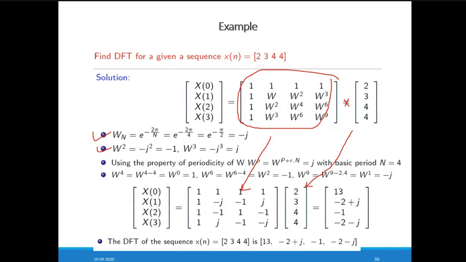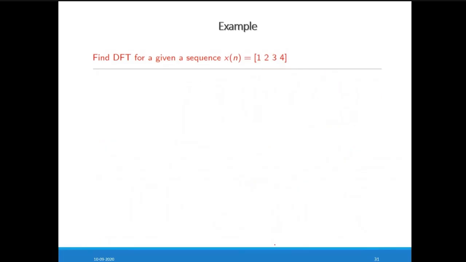It will give you the output as an n cross 1 DFT sequence. This will be our DFT sequence in the previous example. Now in a similar way you have to solve this example where x of n is equal to 1, 2, 3, 4 using the twiddle factor matrix. Please try to solve it, and as you get the solution, comment on the comment box.